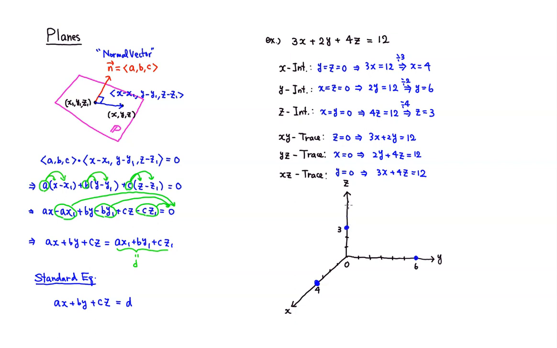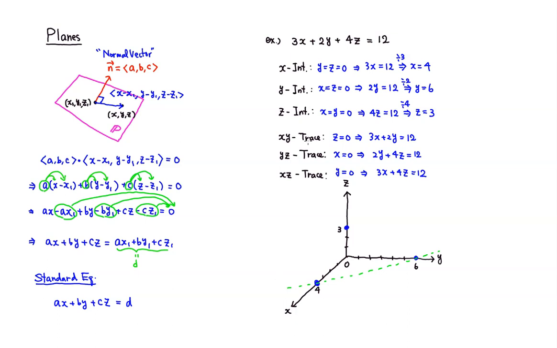Then if you look at the xy trace, the equation of the xy trace, this will be the trace. Let's see, what color should I use? Maybe I'm going to use green. So this is going to be the xy trace of the plane.